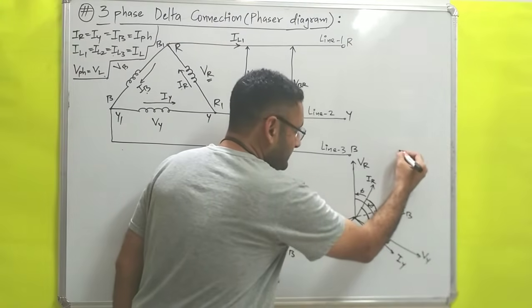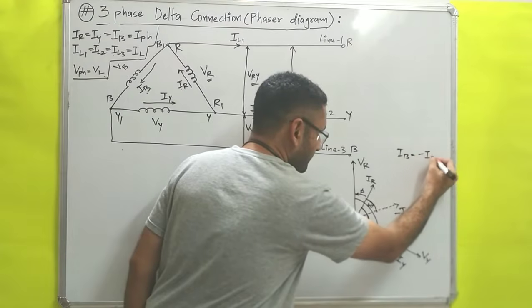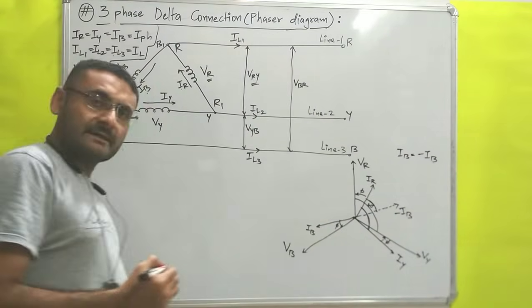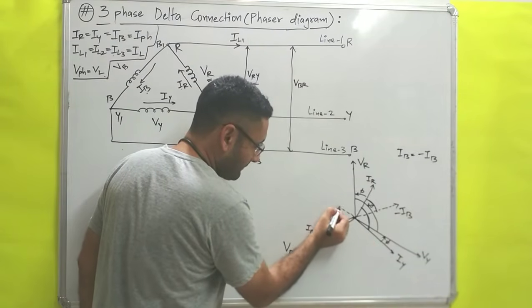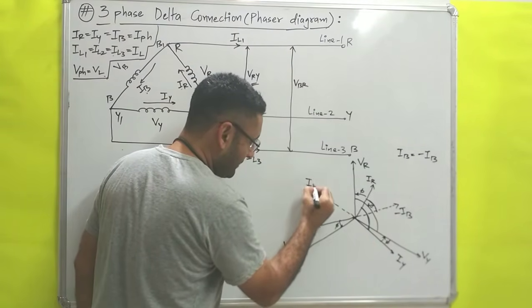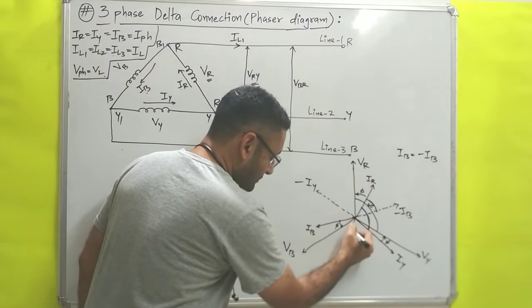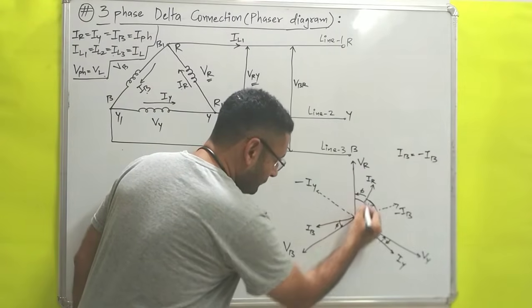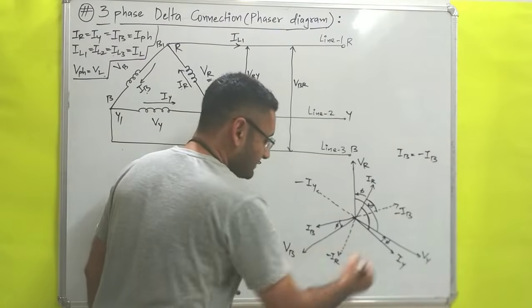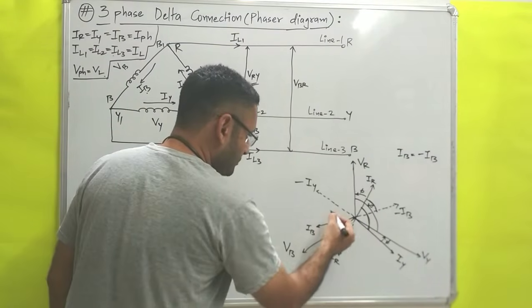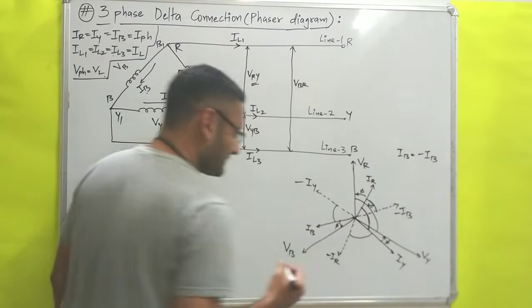Now we can write that IB is equal to minus IB in magnitude but opposite in direction. Similarly, I will draw minus IY, and finally, opposite of this, minus IR. The angle between these is 60 degrees, over here also 60 degrees.